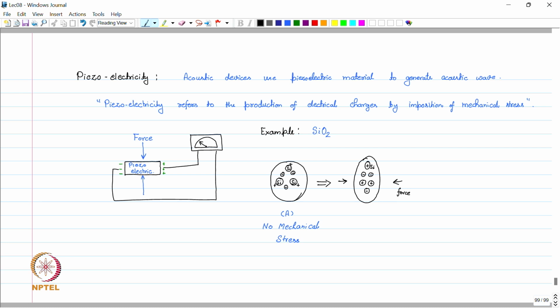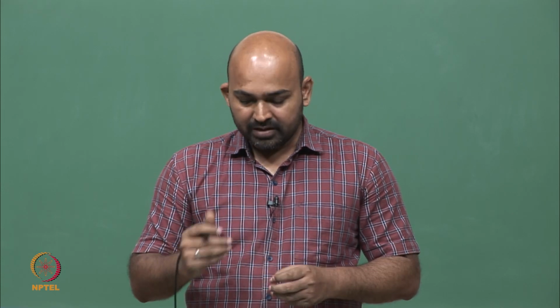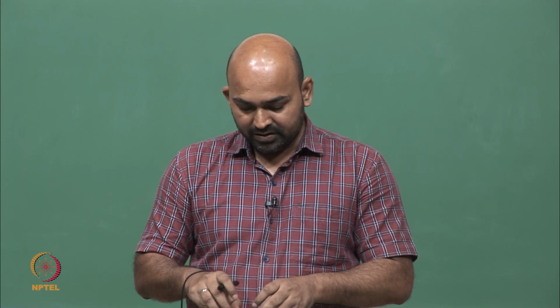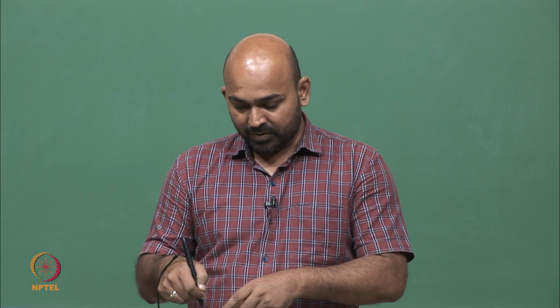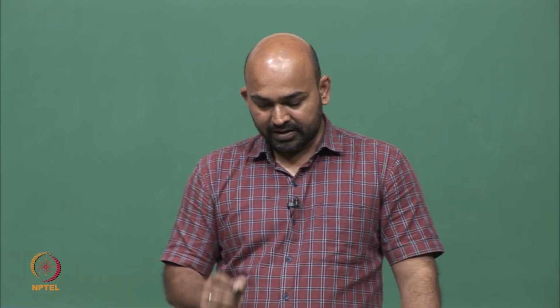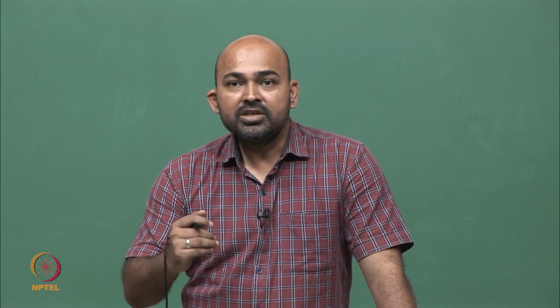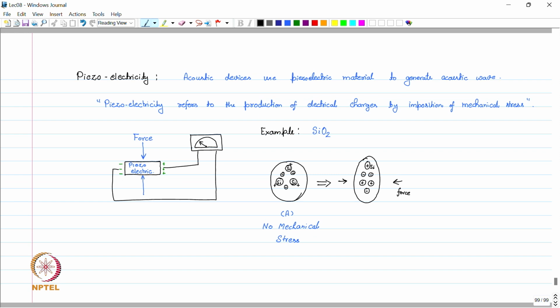Here we see, if we look at this complete material, the positive silicon atom has come out in the y direction relative to what it was earlier with no mechanical stress, and the negative oxygen atom on the bottom has come down in the y direction compared to what it was earlier. So there is a net potential buildup inside this material. The positive has gone in the positive y direction and the negative oxygen atoms have gone in the negative y direction.